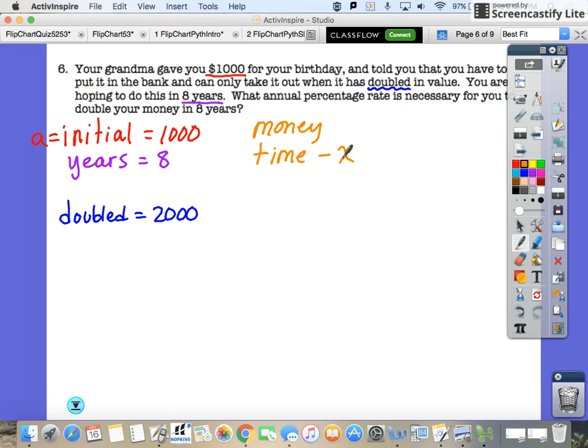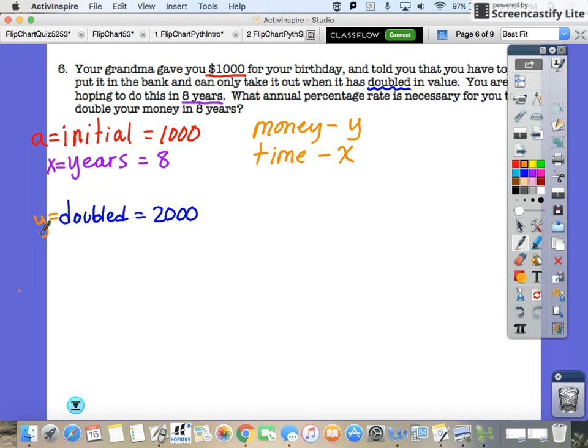I say almost because maybe there's a time where it won't be x, but I can't think of any. And then that means that money is y. What I mean by that is how much money you have depends on how long it's been waiting. So our years being 8 means that is x. Y is money. That is our doubled value. This is y.